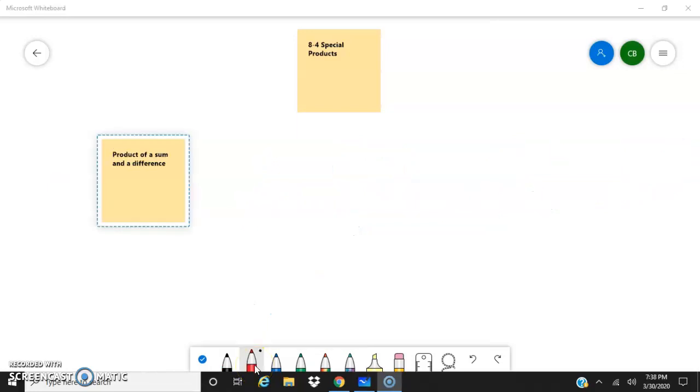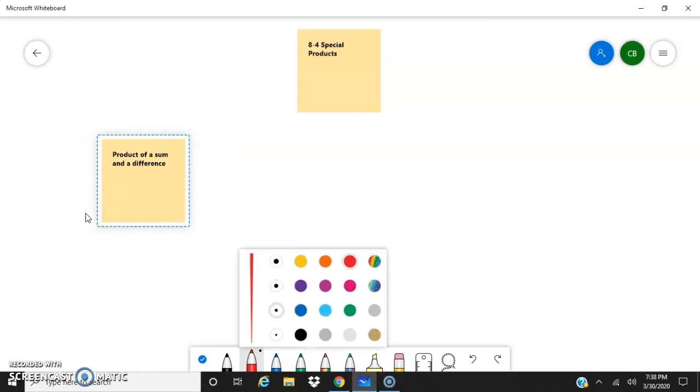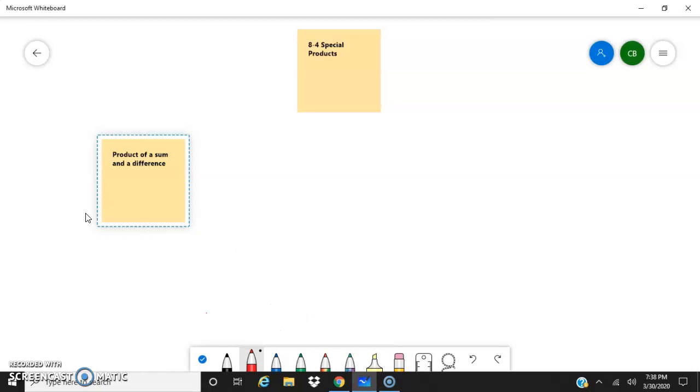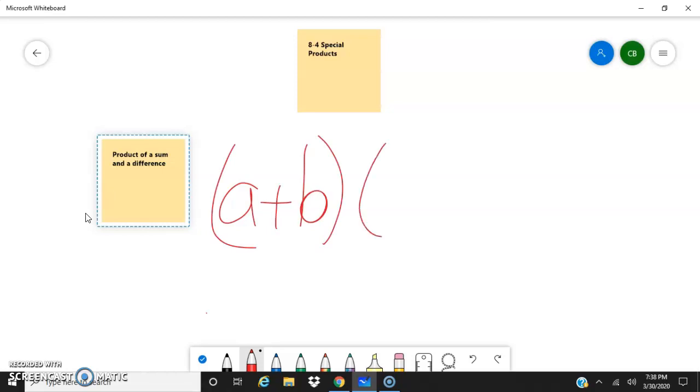Last but not least, the other special case that we're going to see today is a product of a sum and a difference. Basically, it's going to be given to us in this form: a plus b, so that's going to be a sum, multiplied by a difference, so a minus b.